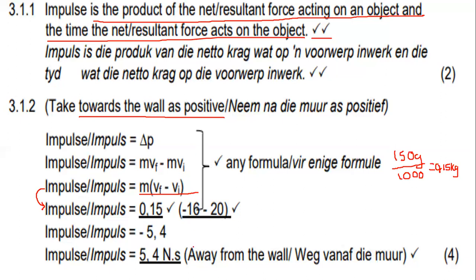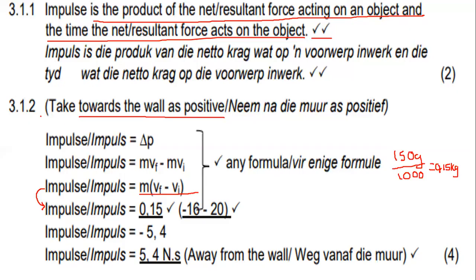Into Vf minus Vi. Then my Vf, remember, that is the velocity after the collision with the wall. Now, after the collision with the wall, the final velocity is 60 meters per second.